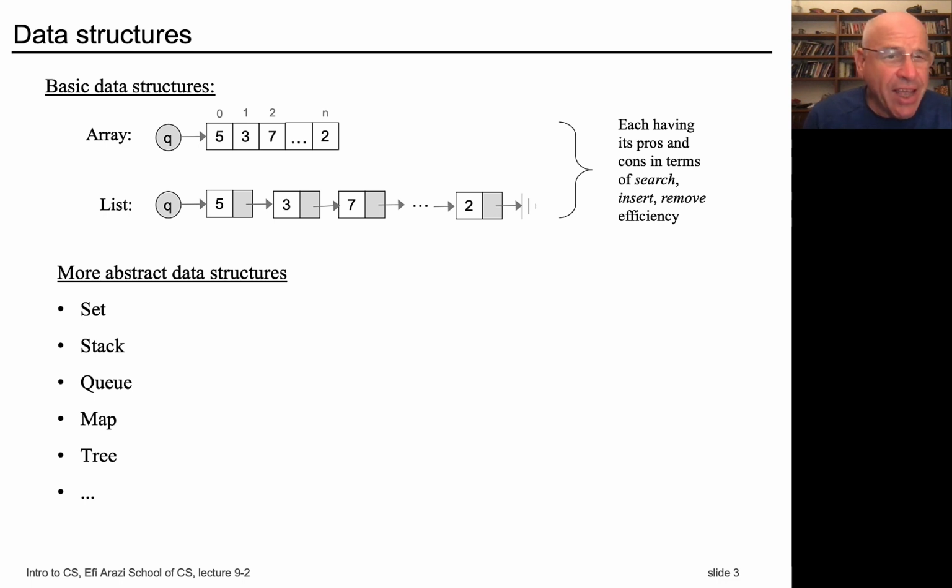I guess set does mean a lot because you study sets in mathematics, but the others are probably new concepts for many of you. And don't worry about it. We will spend some time talking about these data structures in the next lecture. And you will spend the whole semester talking about these data structures in a course which is called Data Structures, or in Hebrew, מבני נתונים.